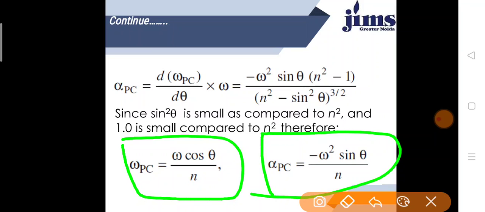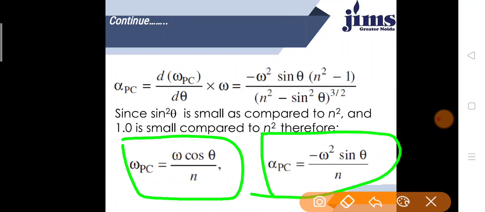Here we can again apply two conditions. When the crank is at inner dead center, we put theta equals 0. Then we get angular velocity equals omega upon n for the connecting rod, and angular acceleration equals 0, because sin 0 equals 0 and cos 0 equals 1.